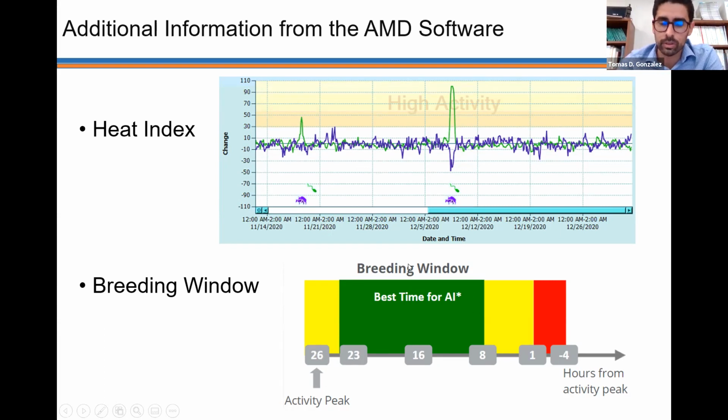And the system gives you this recommendation to use these hours to breed the cows. In our data for this trial, we use 21 animals. They were in the breeding window, and they were able to be bred in multiple cows. We're going to explain that later.